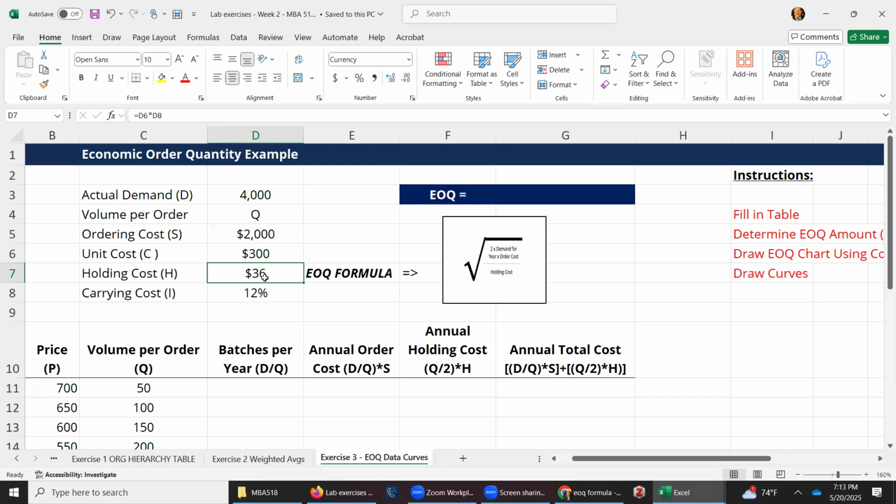Is there a way of determining which ones should move from the top of our head, or do we just try them out? Well, the way I would do it is, if it's a big number like demand or order cost, those are in thousands, so I'm going to read those on one axis.